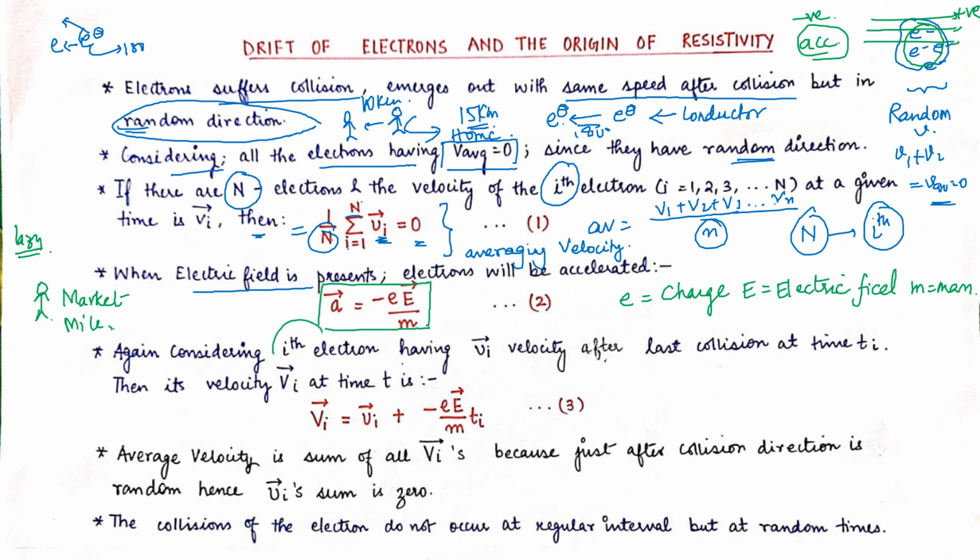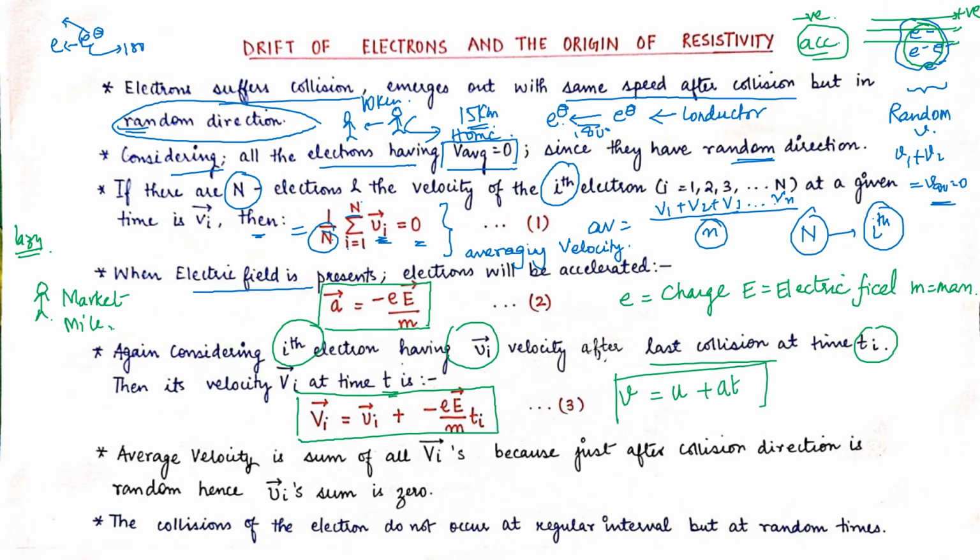Again considering the ith electron having velocity vi after its last collision at time ti, then its velocity capital Vi at time t is given by this equation of motion. What is this? Final velocity equals initial velocity plus acceleration into time.